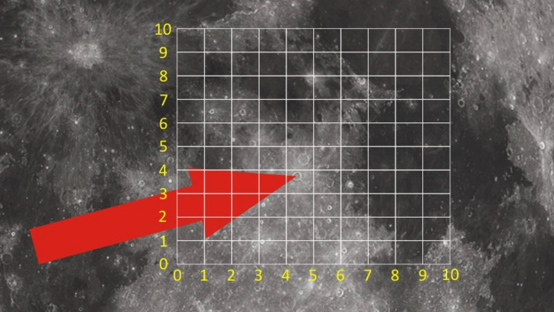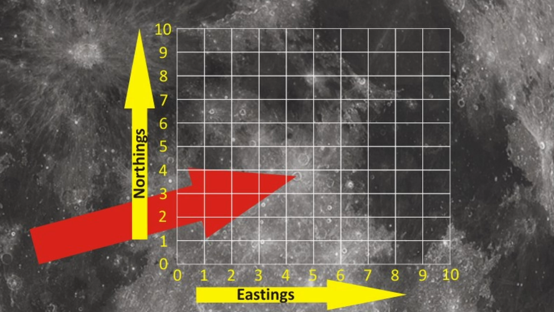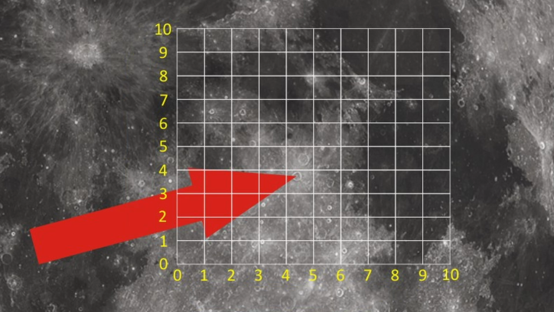Now, if you look at the map, you'll see there are numbers along the bottom which increase as they go east. So these are called eastings. There are also numbers on the side of the map, and they increase as you go north. So they're called northings. Just for now, we'll assume that the lines are 1 kilometer apart, so the grid forms squares which are 1 kilometer on each side.